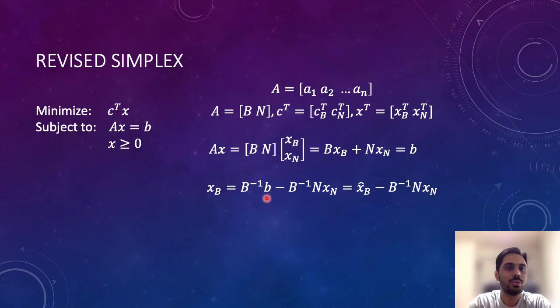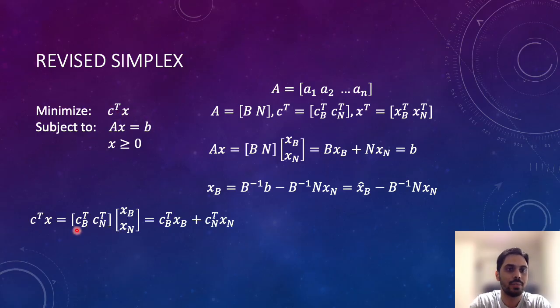Okay, so let's do the same thing with our objective also. It is C transpose x. Let's decompose it. It will be CB CN times XB XN. Now I'm going to substitute this XB, which is B inverse b minus B inverse N XN, into this equation.